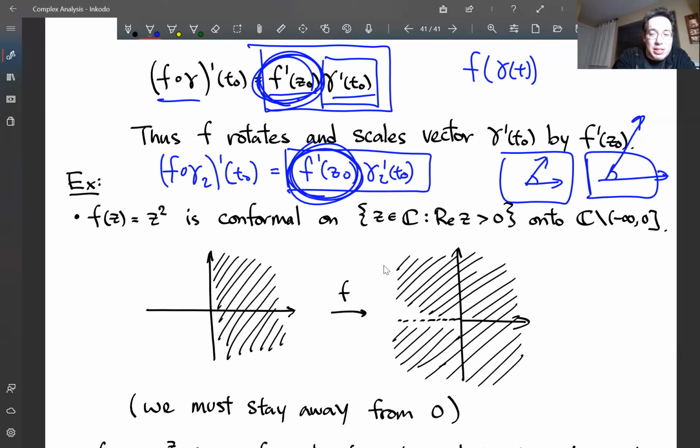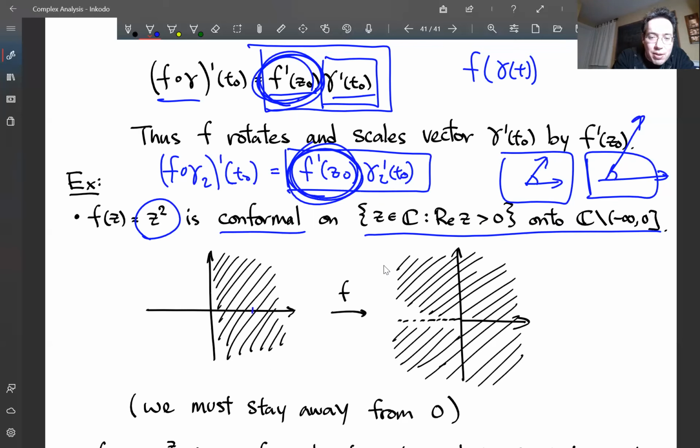So let's think about this. We have the function z squared. We know it's a bijection between the right half plane and the slit complex plane. We just discussed that earlier.